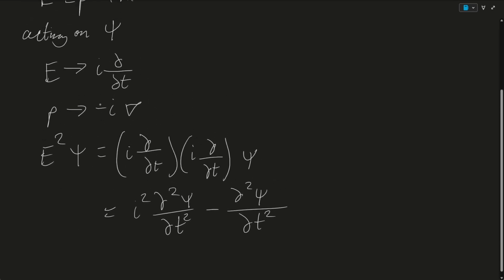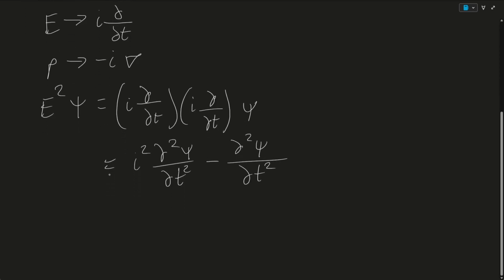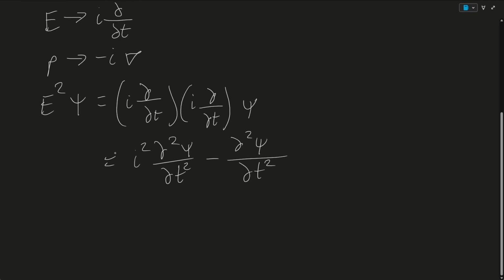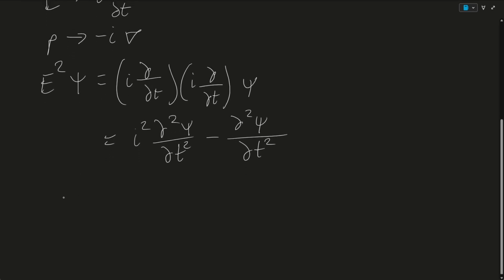And now we can substitute in our momentum operator, which was up here. If we were to square that, of course i squared is just minus 1, so p squared is just minus nabla squared, or minus the Laplacian.